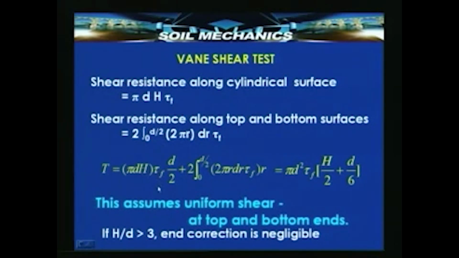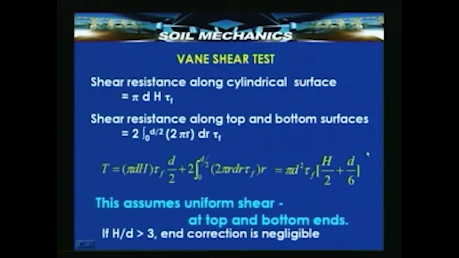Now, when this is integrated, we will get a final expression for capital T, the total torque, which is the sum of the shear resistance along the cylindrical surface and the shear resistance along the top and bottom surfaces, and one can easily do this integration and see that the final expression for torque is pi d square tau f into capital H by 2 plus small d by 6.